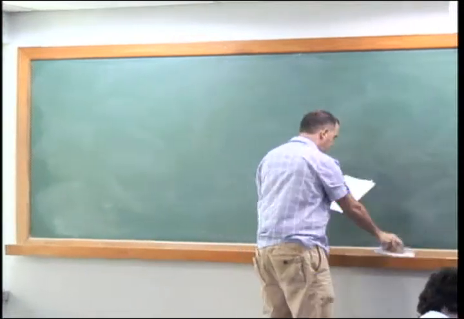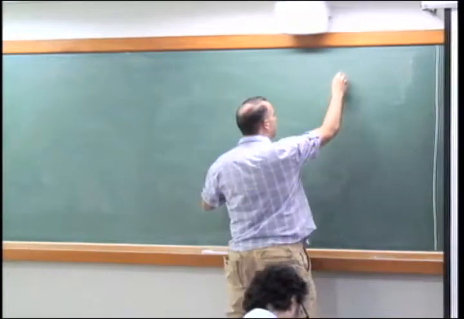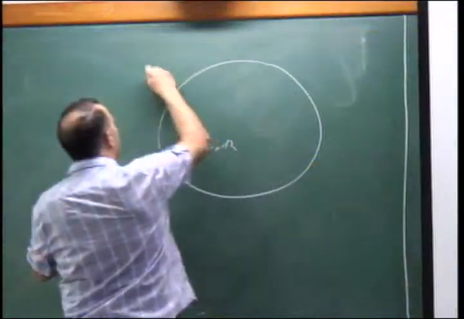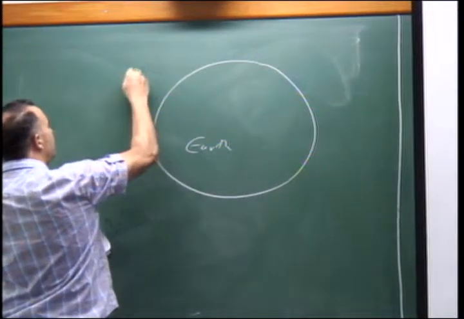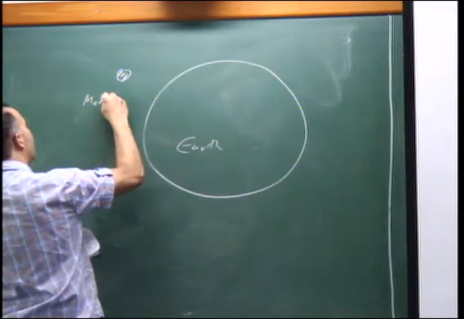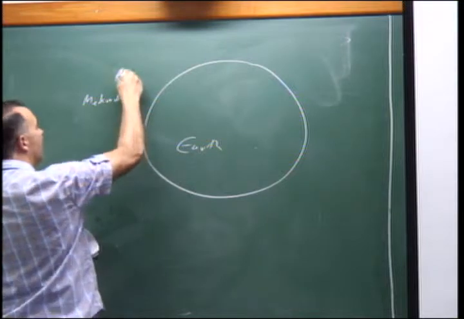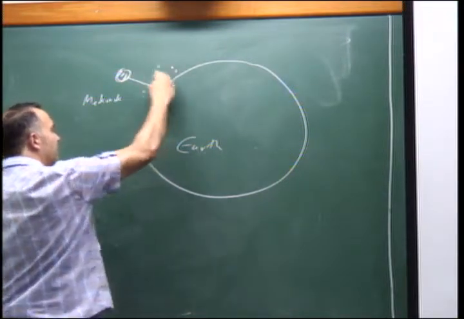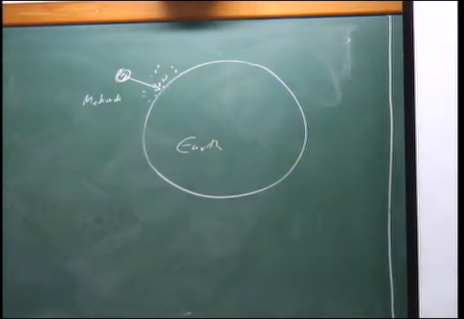So this is the Earth, and if we have a meteorite coming in, it basically splashes down and kicks up.